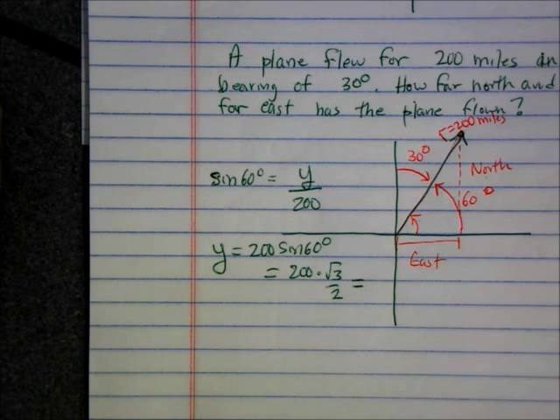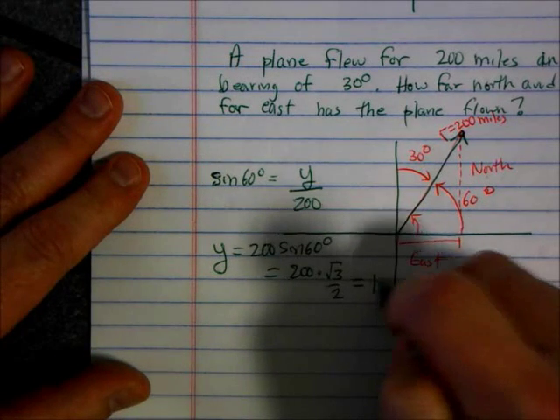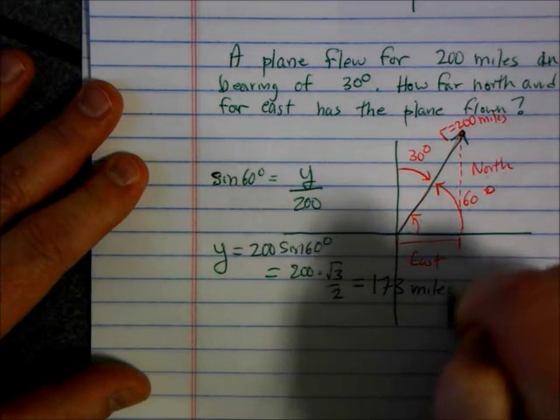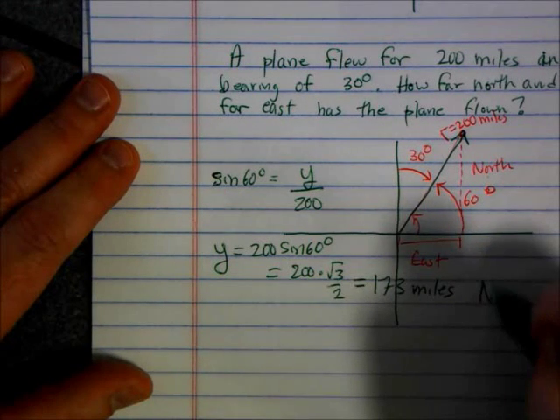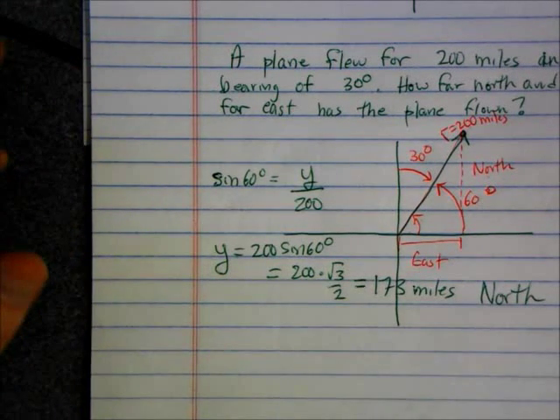So I would type in 200 times square root of 3 divided by 2. That's about 173 miles. So that would be 173 miles north.